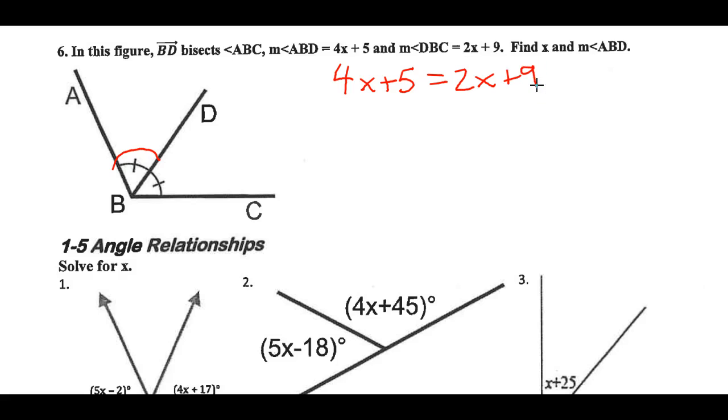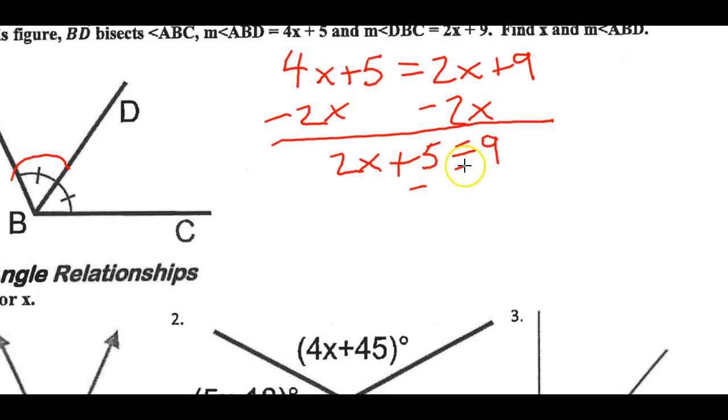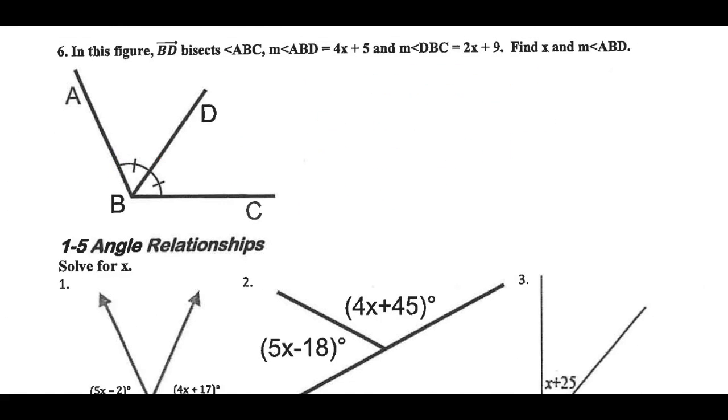So I'm going to solve this for x. I subtract 2x from both sides. And then I have 2x plus 5 equals 9. Now I subtract 5 from both sides. Oops, lost it.